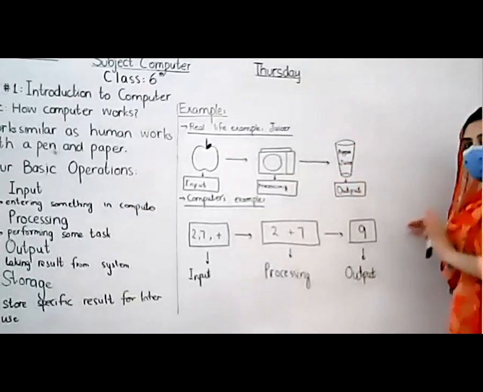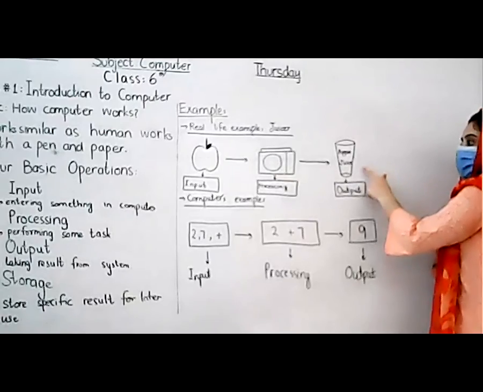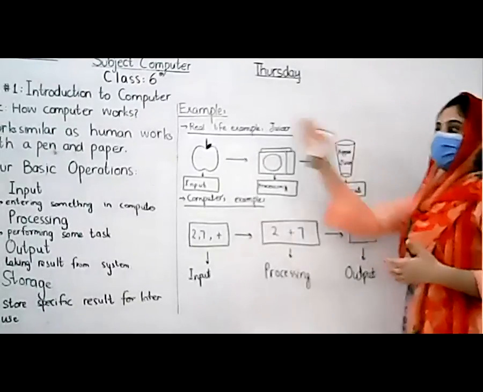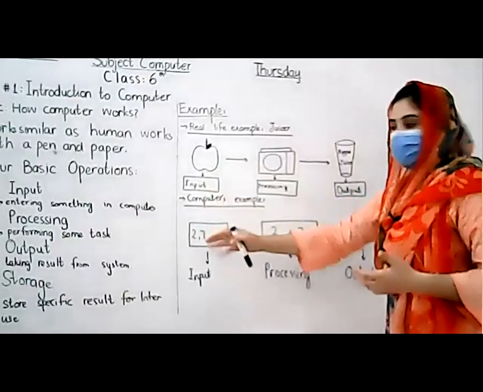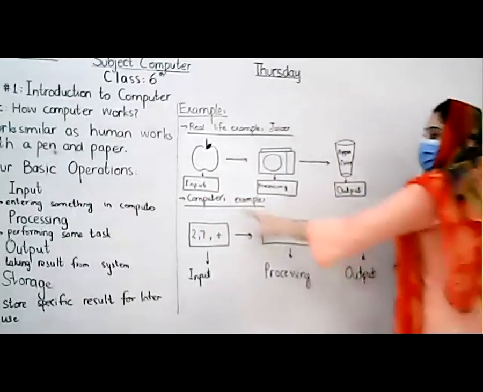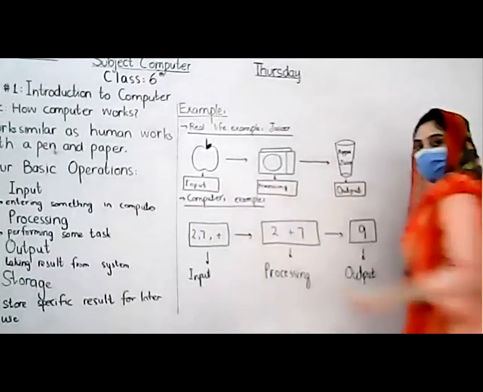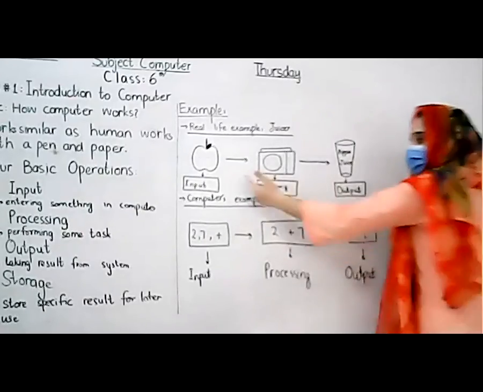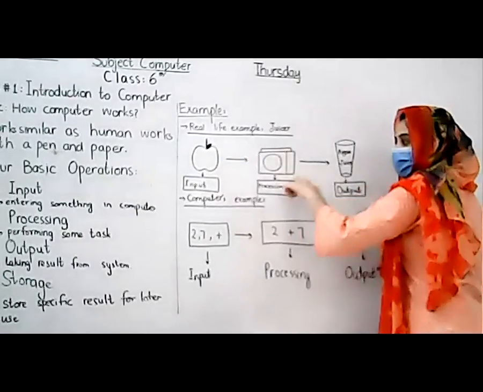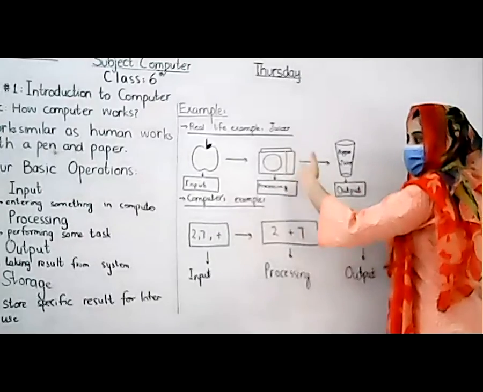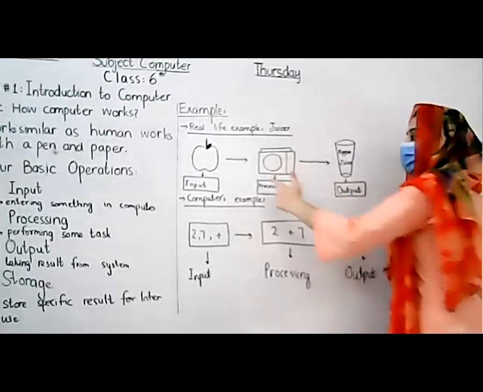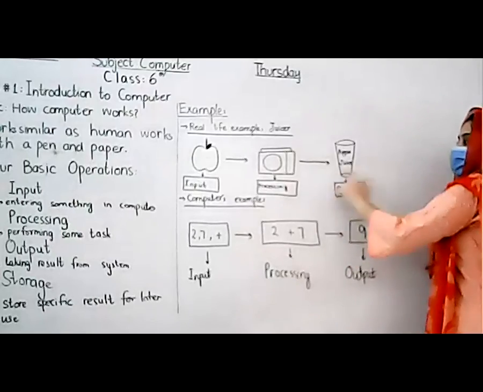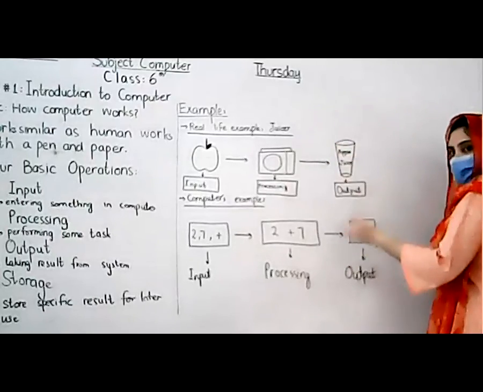So here we can see how making apple juice clears the concept of input, processing, output, and storage. First of all, you will get the input, meaning you have to collect all the ingredients. Then you will put all the ingredients in the machine and the machine will mix them, meaning process them. After the machine has processed it, it will provide it to us in the juice box or the glass.